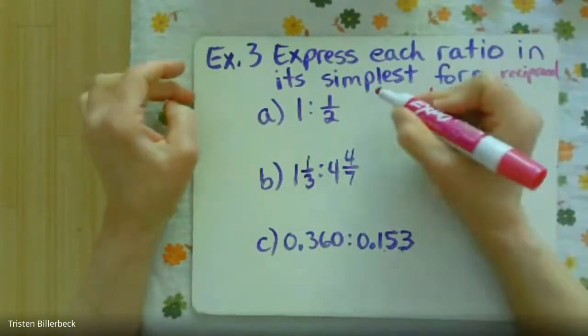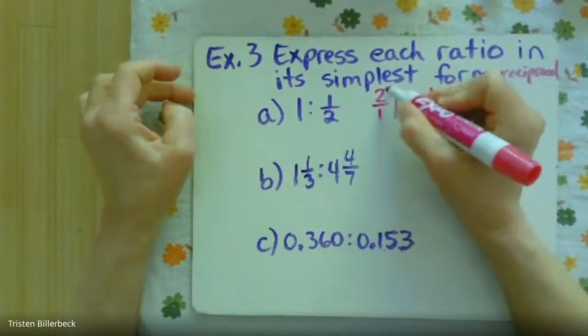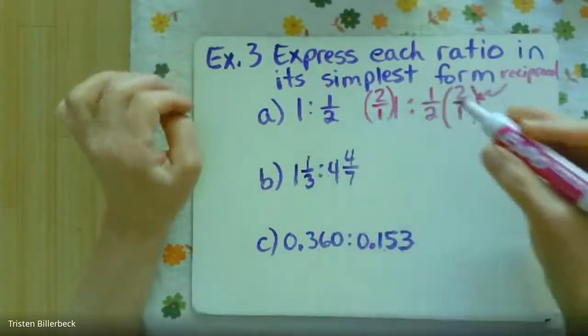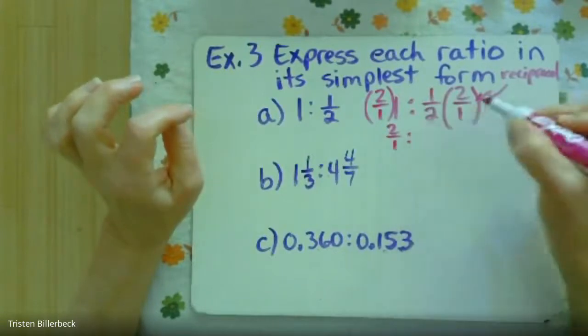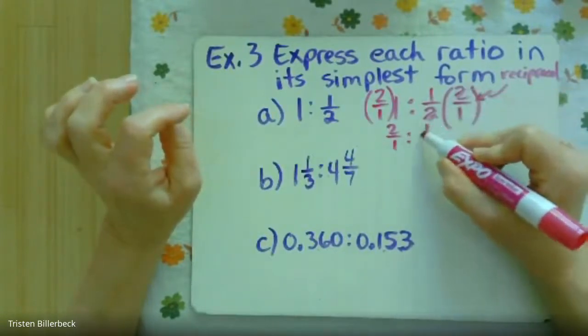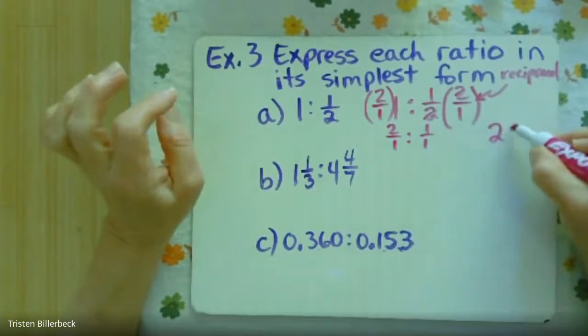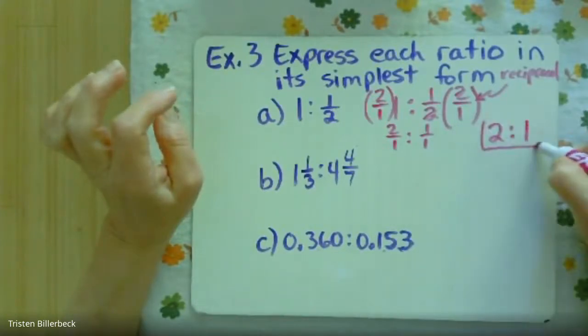If we multiply by that on one side, we have to do it to the other side. So this actually is 2 over 1, and then this cancels to 1 over 1, which simplifies to a 2 to 1 ratio.